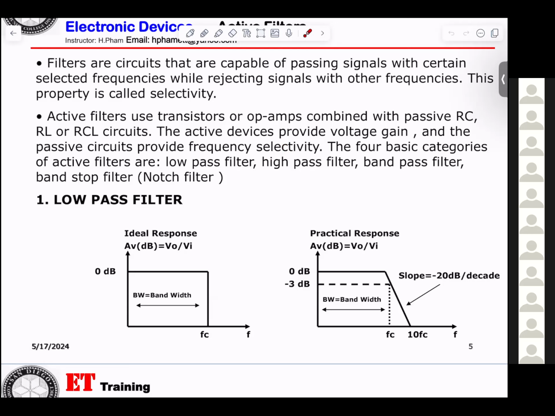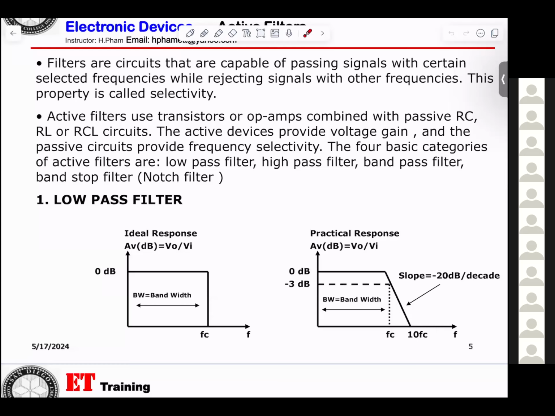So basically, to build a filter they can use a transistor or op-amp, and also include passive components, that means R, C, or RL, RLC circuit. For the active device, you can use an inverting or non-inverting amplifier, or a CE, CB, CC amplifier, or JFET.